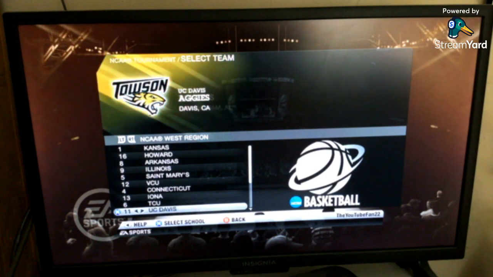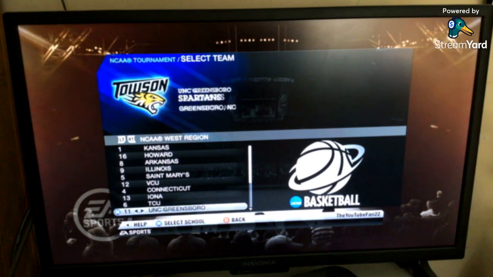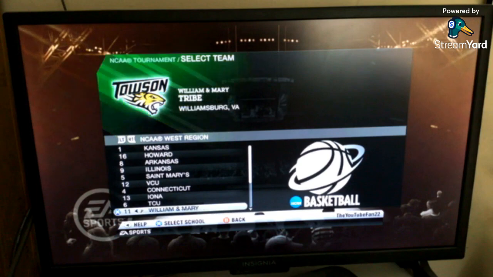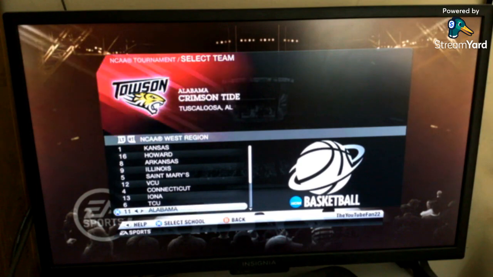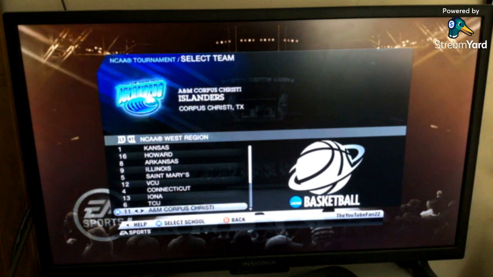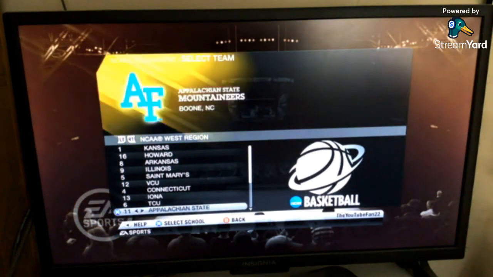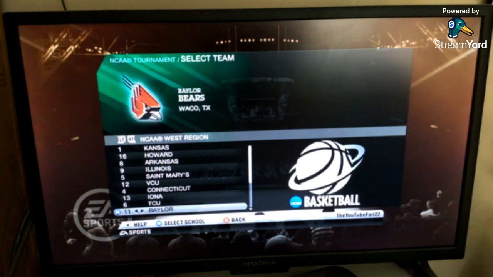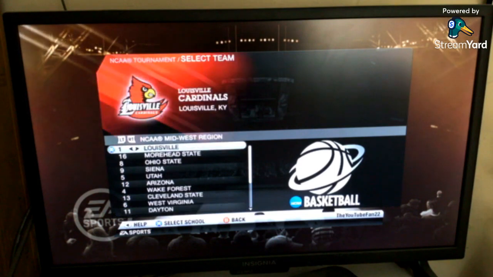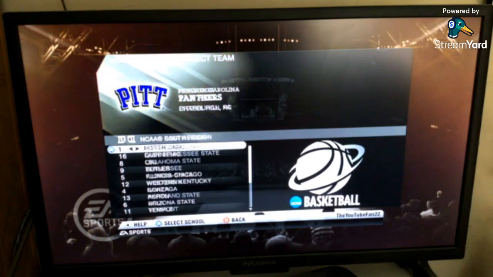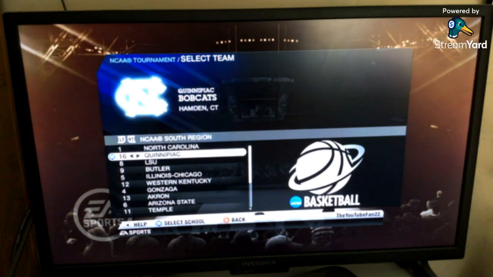Since we're close to the A's this way, we're going to go this way instead. I guess Arizona State is somewhere else here. Oh, there's Arizona State.